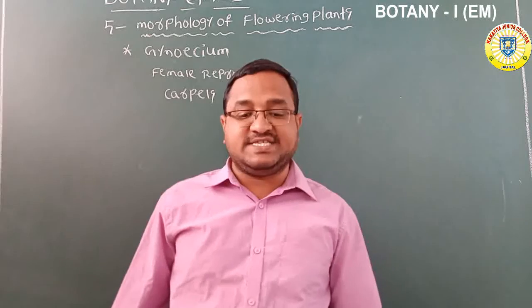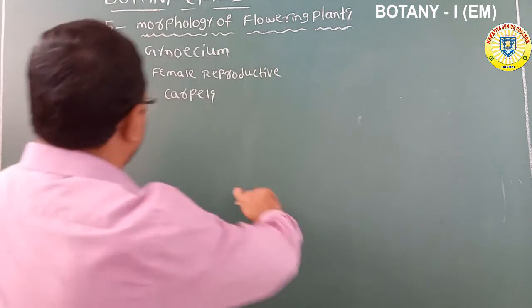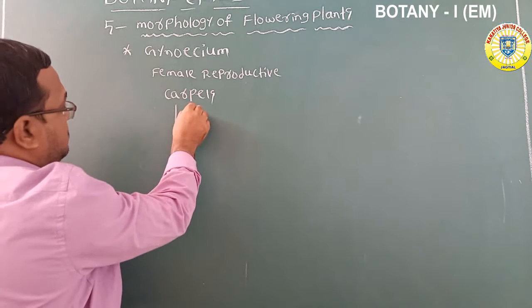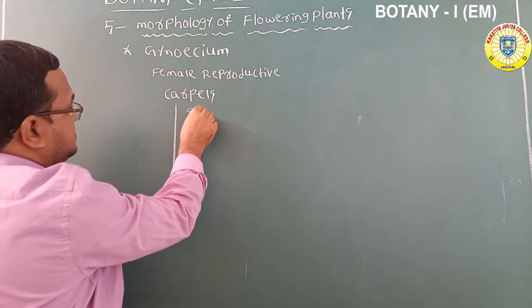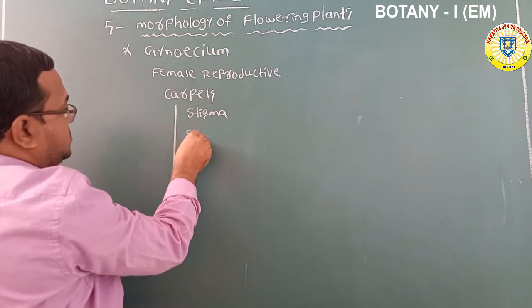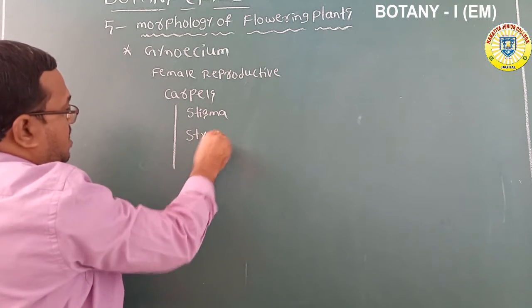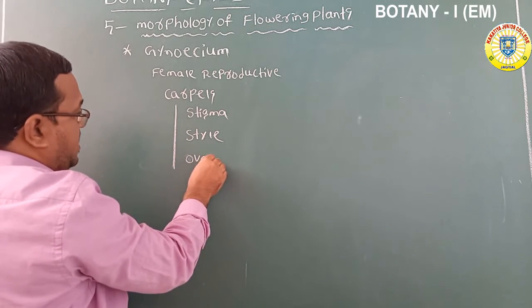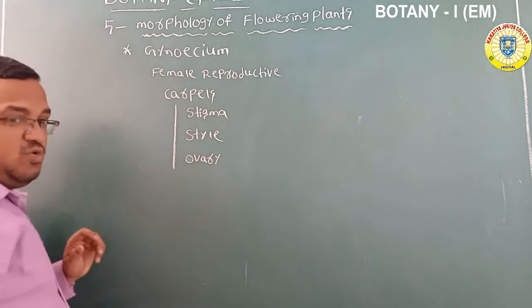A carpel consists of mainly three parts. The first one is stigma, style, and ovary. The ovary contains the ovules.